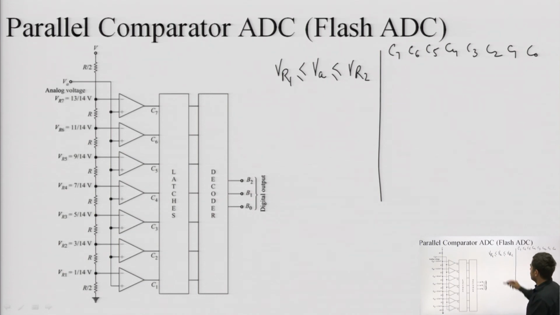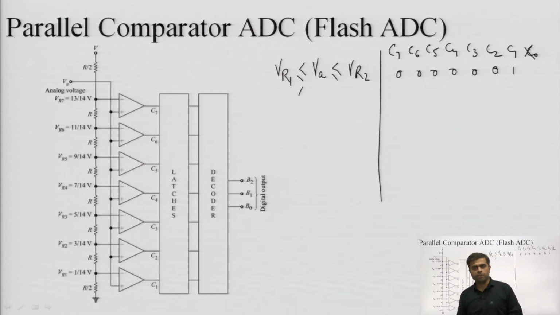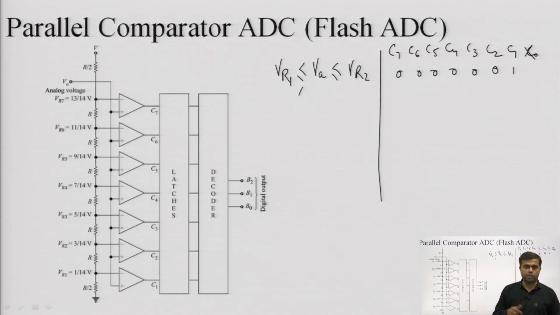If it is greater than VR1, C0 is not required, then C1 will be generating 1 and all the other outputs will be 0, because we need not check all the comparisons: once it is less than VR2, it will definitely be less than VR3, VR4, VR5 and up to VR7.